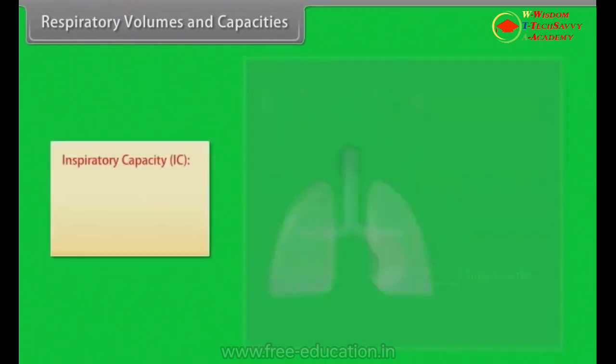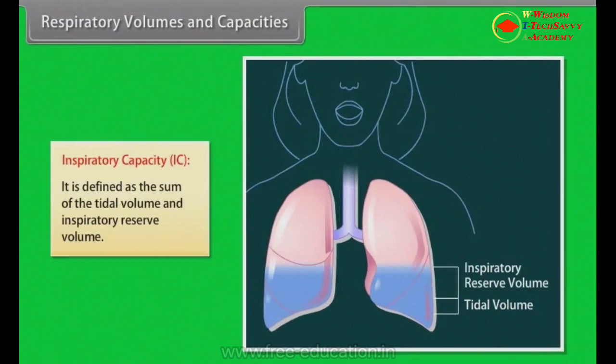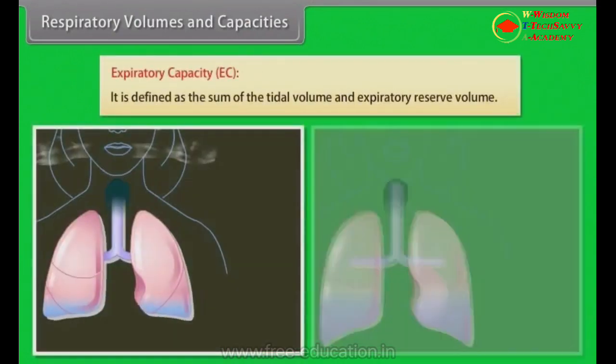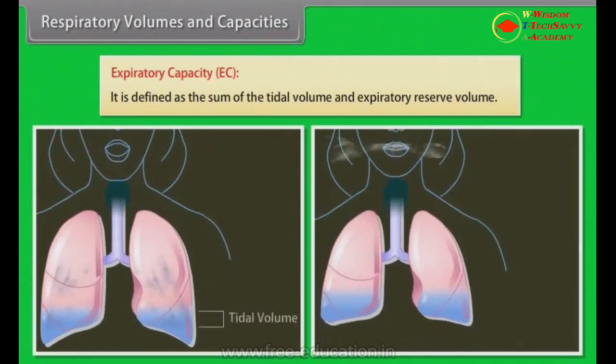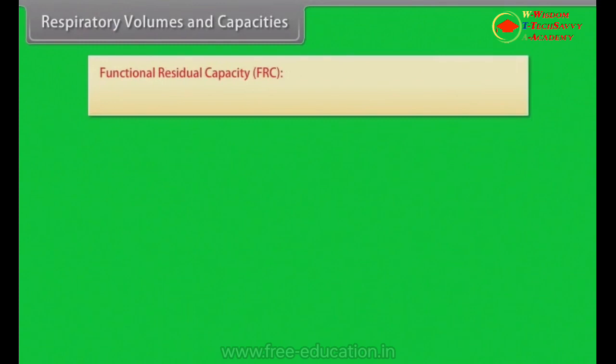Respiratory volumes and capacities. Inspiratory capacity, IC. It is defined as the sum of the tidal volume and inspiratory reserve volume. Expiratory capacity, EC. It is defined as the sum of the tidal volume and expiratory reserve volume. Functional residual capacity, FRC.